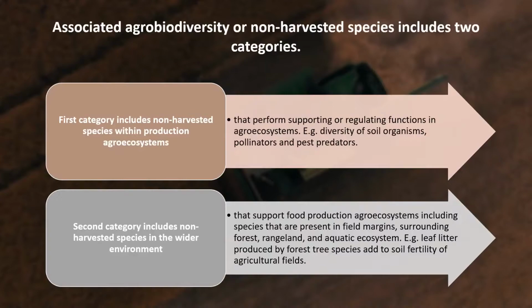We have seen leaf litter produced by forestry species, which aids the fertility of soil in agricultural fields. You will see that direct benefit if you belong to hilly or mountain areas, and in that way such forestry can also be included as part of agrobiodiversity.